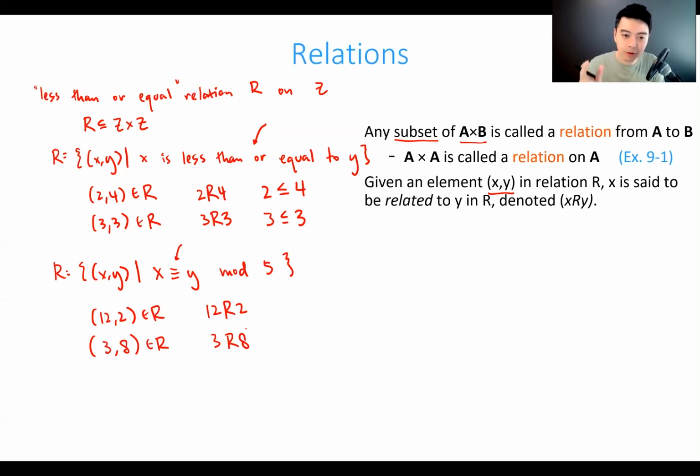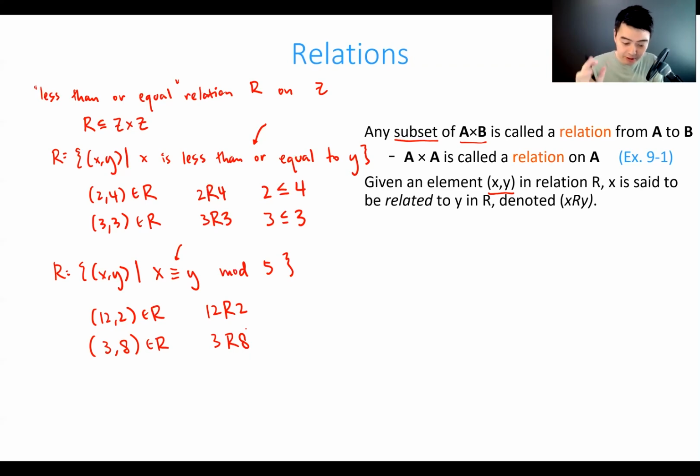Now, a couple of things I want to point out right away, and that is that congruency and the less than or equal to relationship are both relationships, but they're actually very different in the way that they approach or the way that they constrain these tuples. Okay, so I'll give you an example. In the less than or equal to relationship, there is order to this tuple.